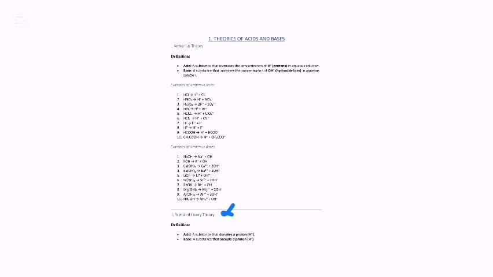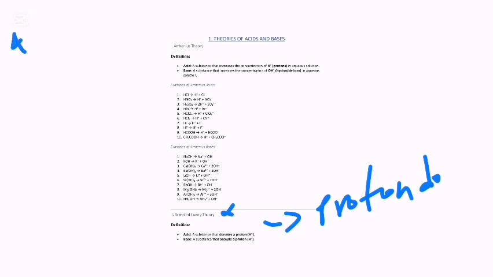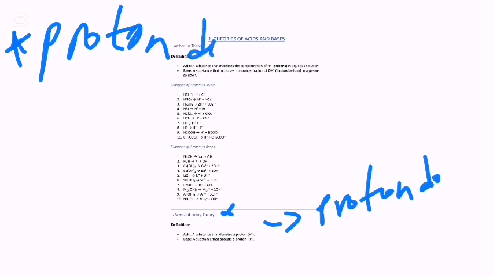He found that an acid is a substance which donates a proton, a proton donor. That is what we are calling an acid. A base is a proton acceptor. According to Bronsted-Lowry, an acid is a proton donor.